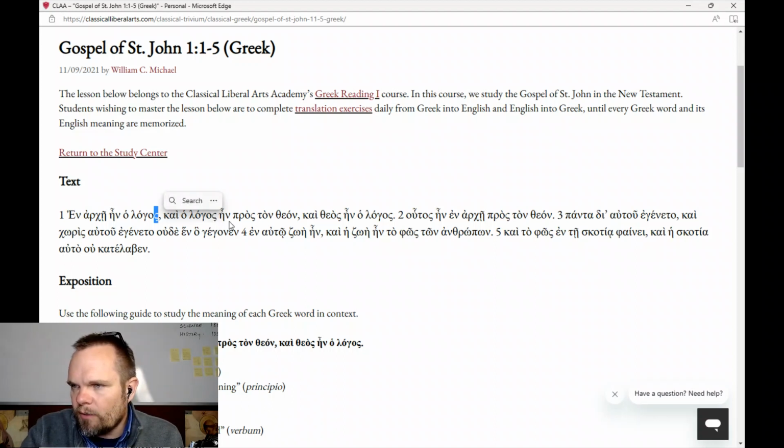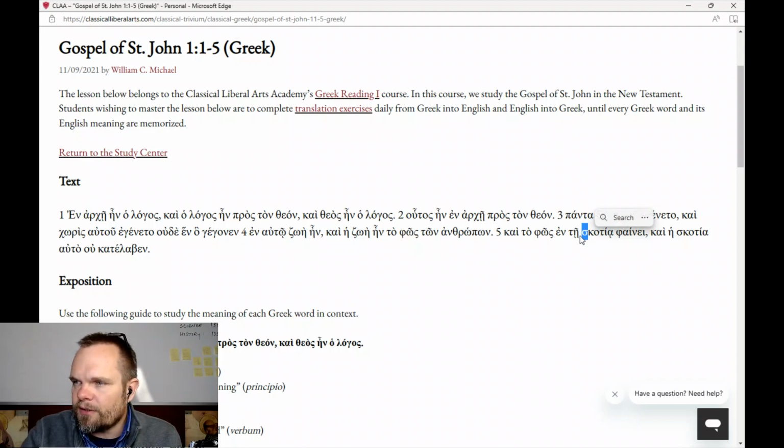We'll see in other words. Let me see if I can find one real quick. Let's see if we have a sigma someplace else in a word. Here we have one over here. In verse 5, you can see the regular sigma, which looks like a letter O with a hat on top.